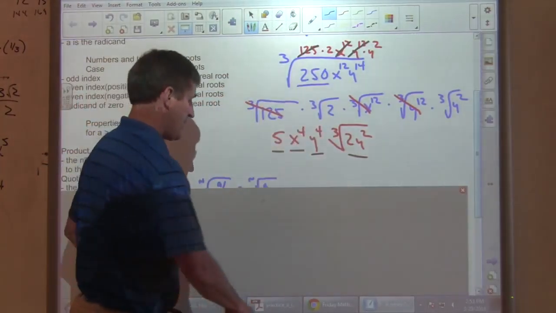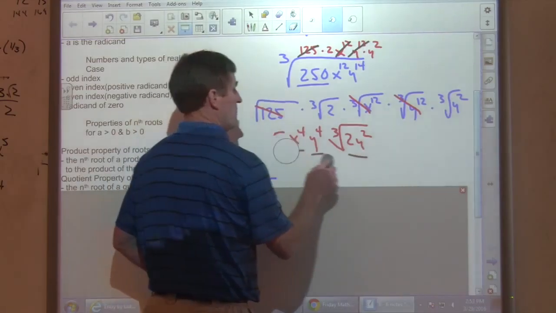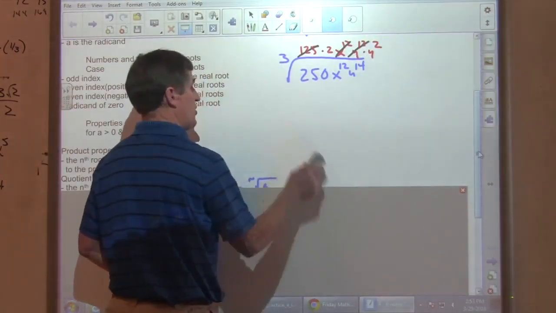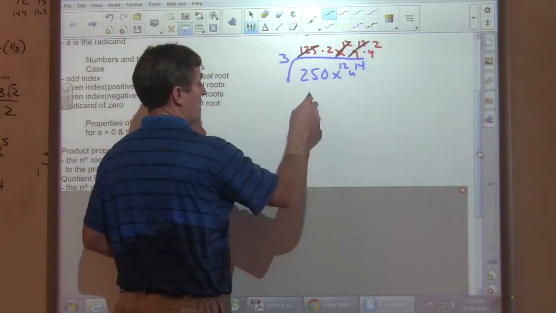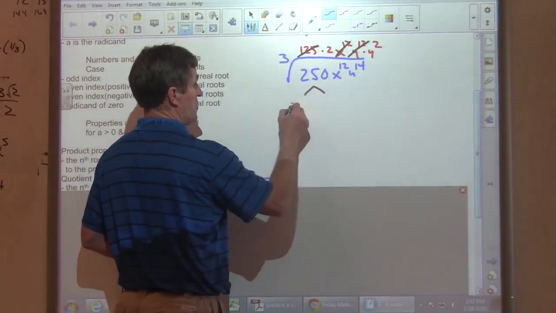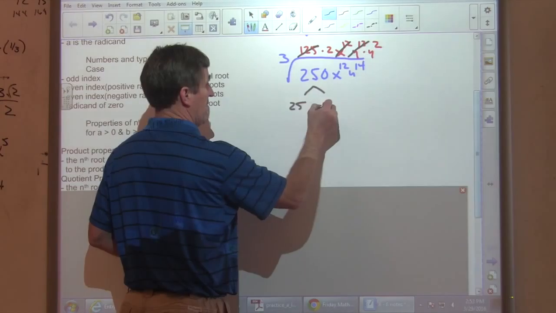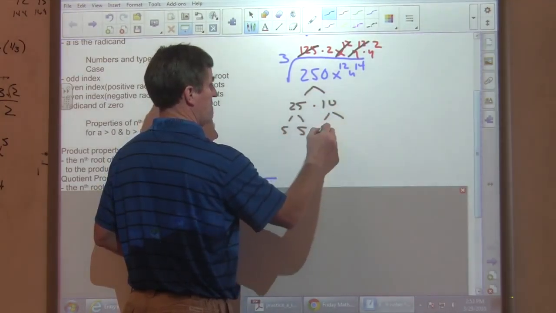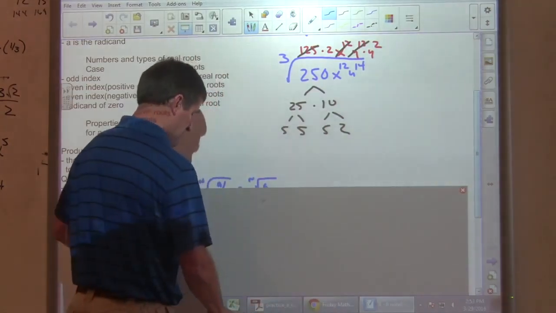It's fine. Another thing you could do is you could go back to your factor tree and break 250 up into 25 times 10, and that into 5 times 5 and 5 times 2.